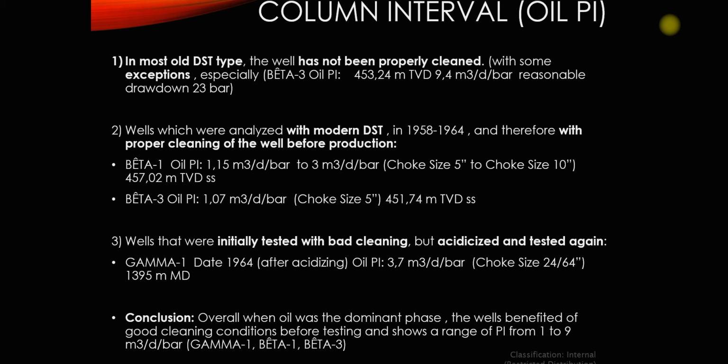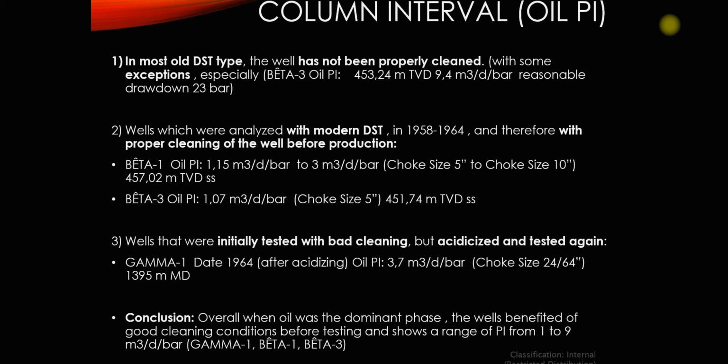And if we move to modern tests that happened in 58, 64, or in the 80s, but were practiced with more modern standards, they have good proper cleaning before production. So we can trust Beta 1 for the oil PI, 1 to 3 cubic meter per day per bar, and Beta 3, which has about 1 cubic meter per day per bar.